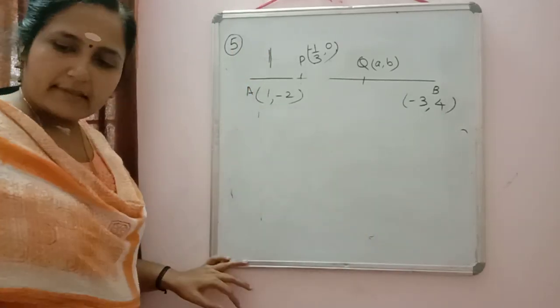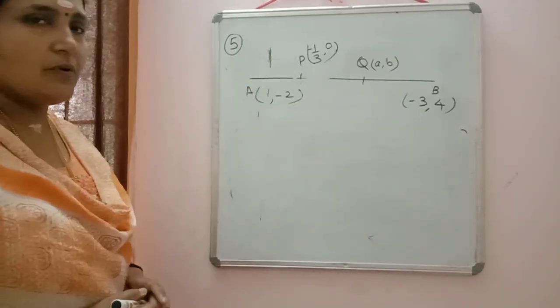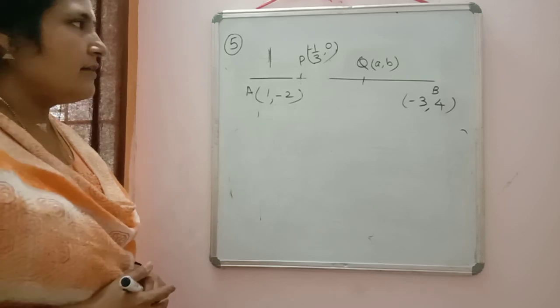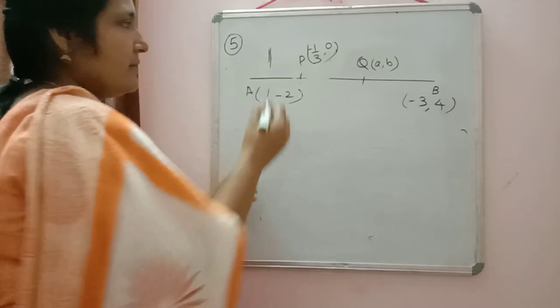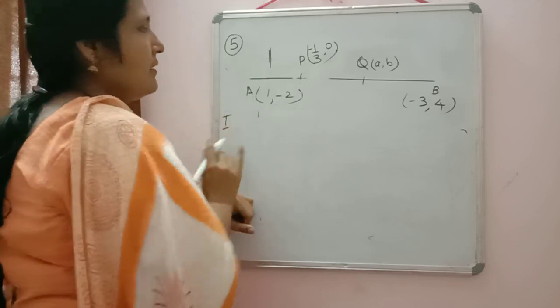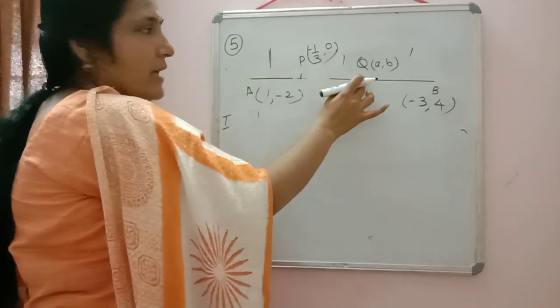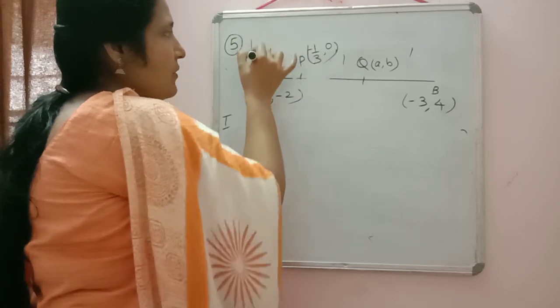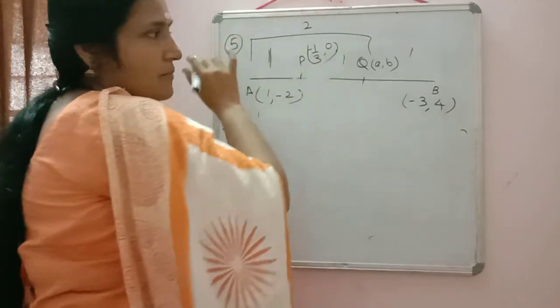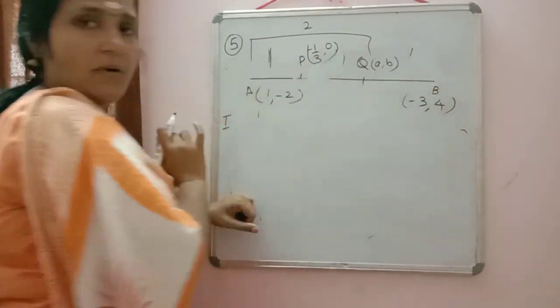To calculate the x coordinate and y coordinate of Q, two methods are there. First one I am saying again. How much will be equal to AQ? AQ will be equal to 2 and QB is equal to 1.